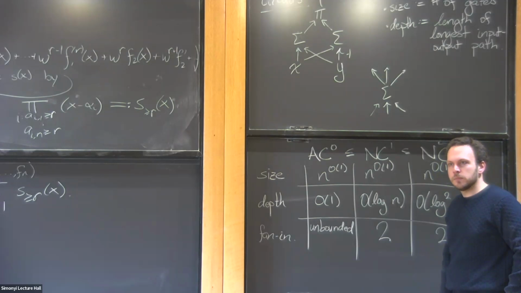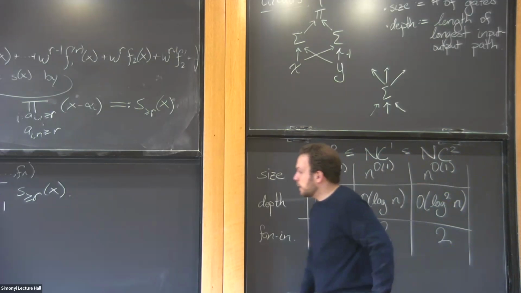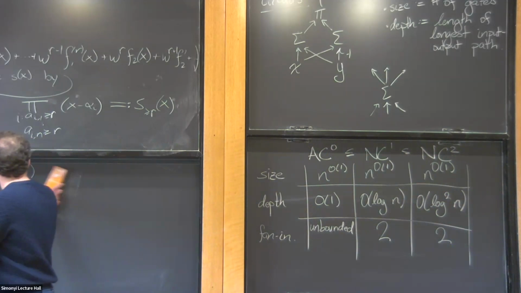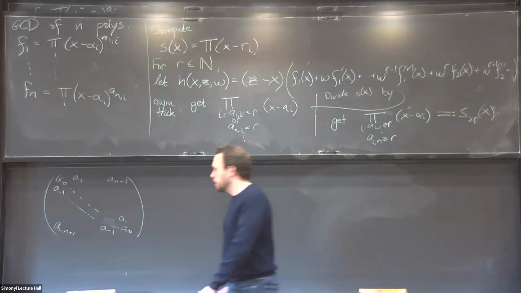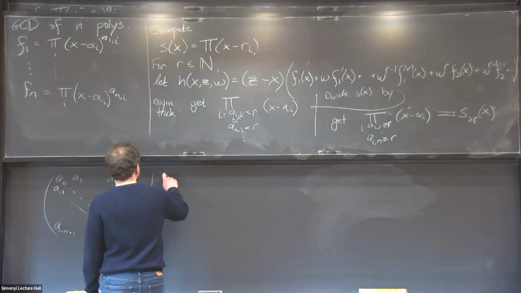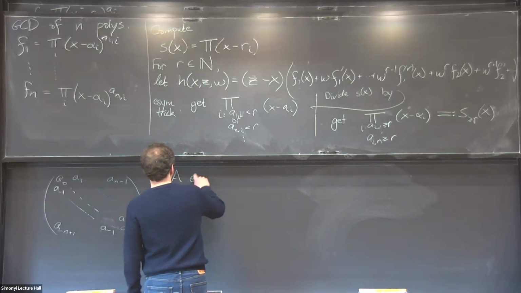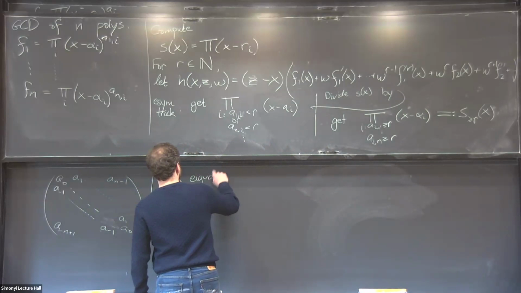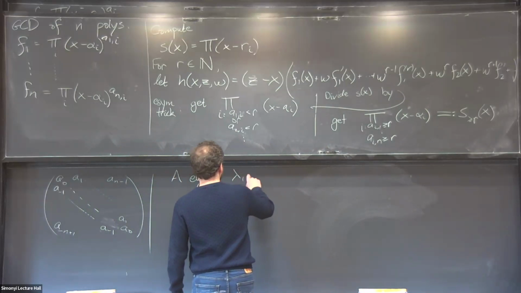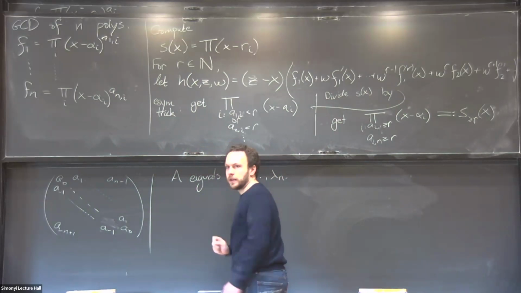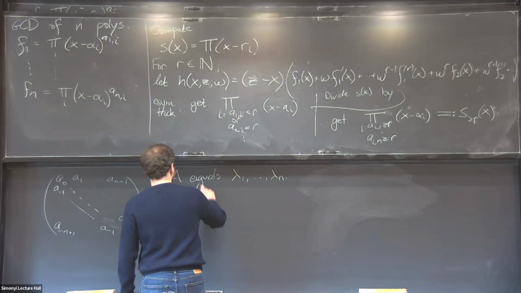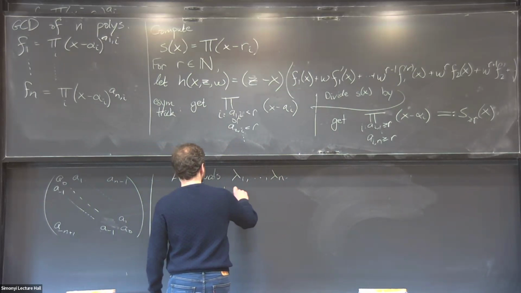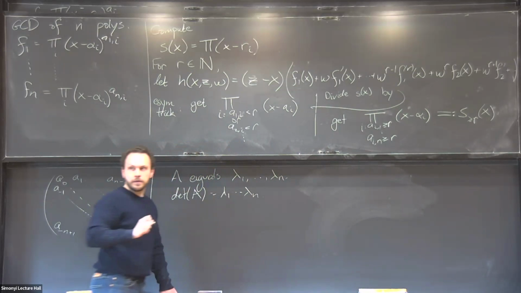What's the intuition for determinant not being in NC1? So let me tell you a second algorithm for the determinant. I have a matrix A and it has a set of eigenvalues, right? The determinant is the product of the eigenvalues.